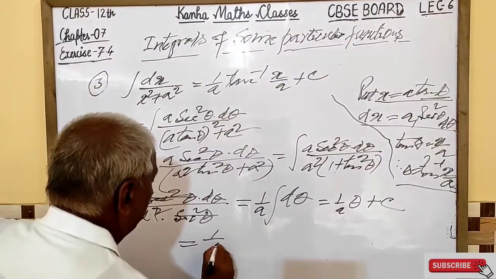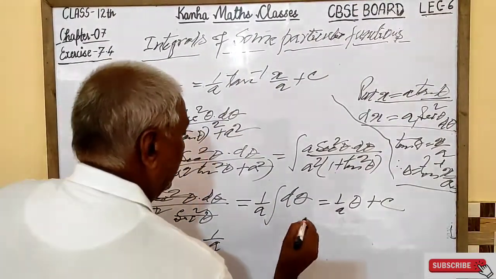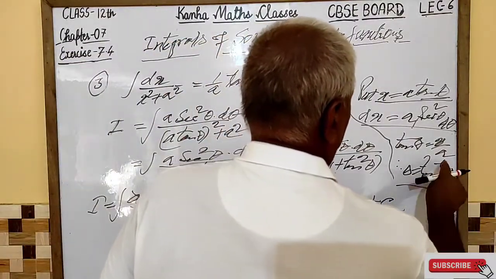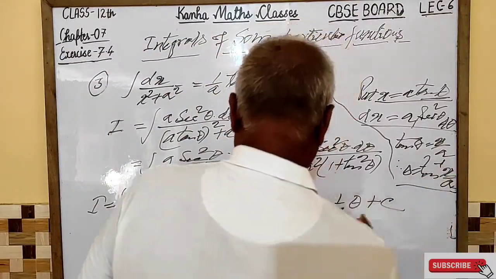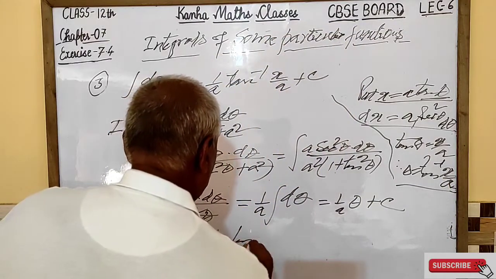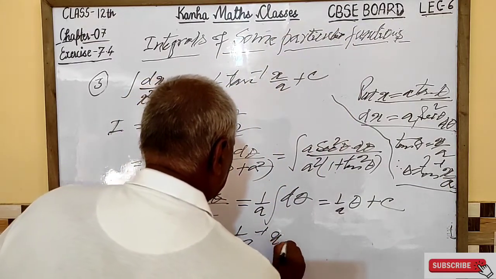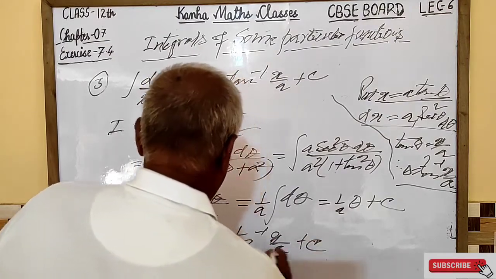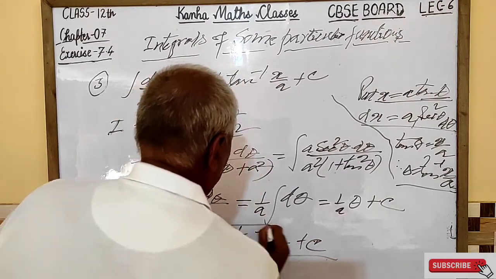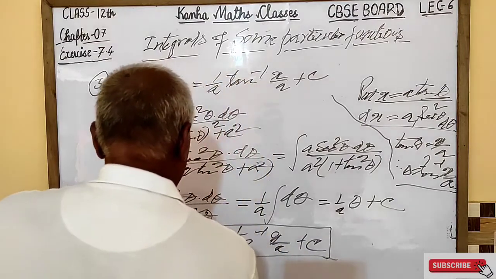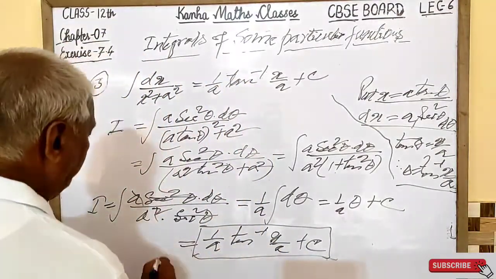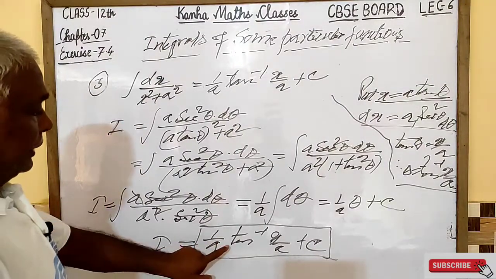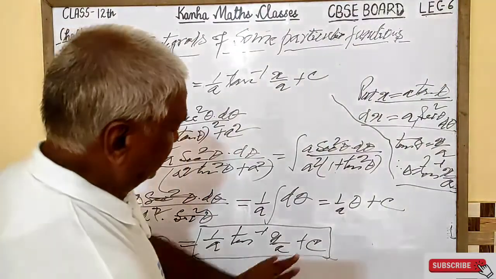We will write here 1 by a theta. Theta means tan inverse x by a, plus c. This is a very famous special function for special integral. I will be equal to 1 upon a tan inverse x by a plus c.